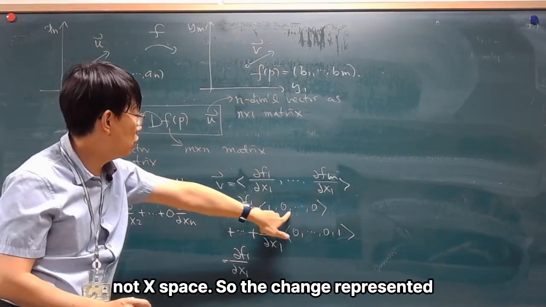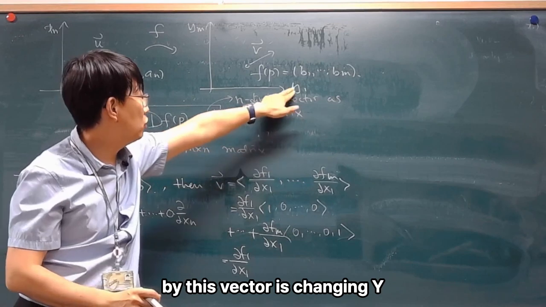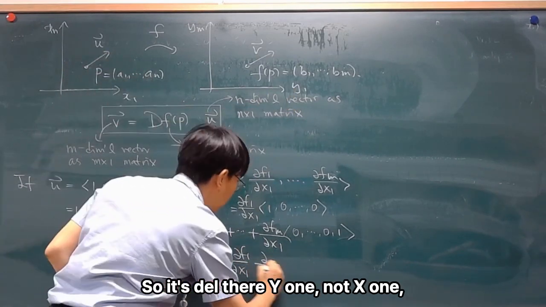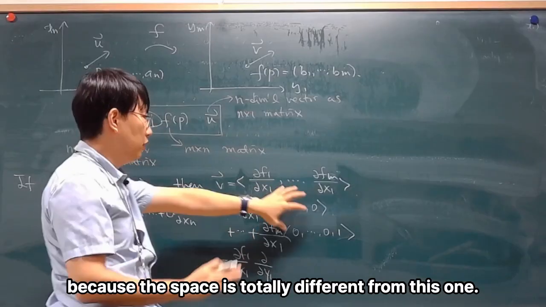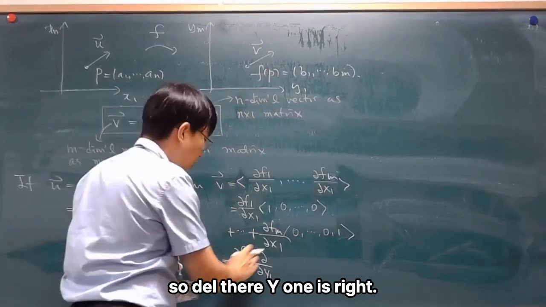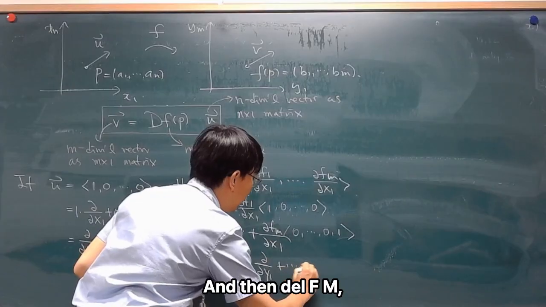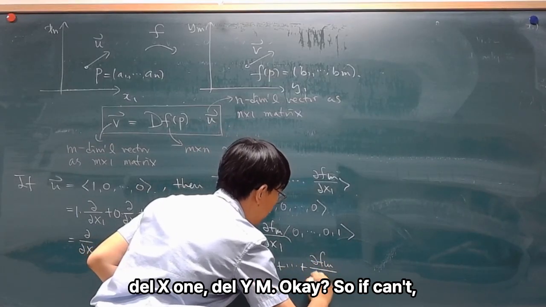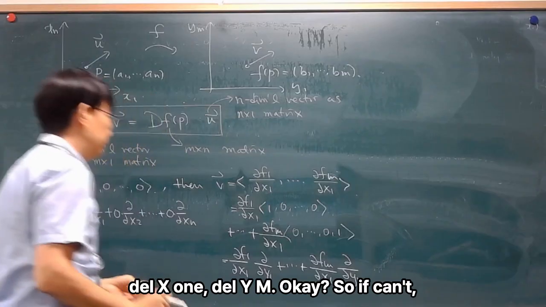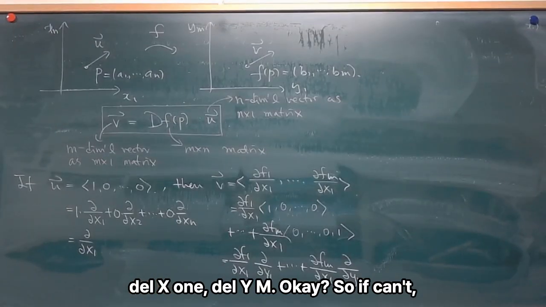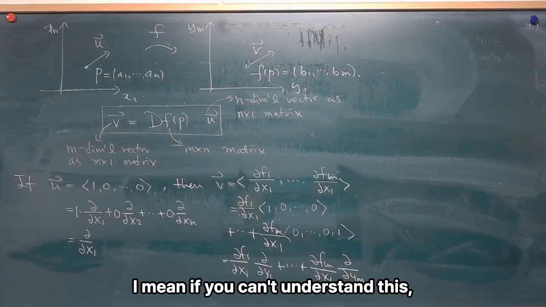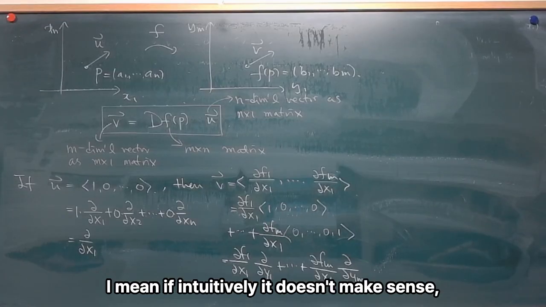So the change represented by this vector is the change in y1 coordinates. So it's ∂y1, not x1, because the space is totally different from this one. So we are talking about the v. So ∂y1 is right. And then ∂fm/∂x1 times ∂ym.